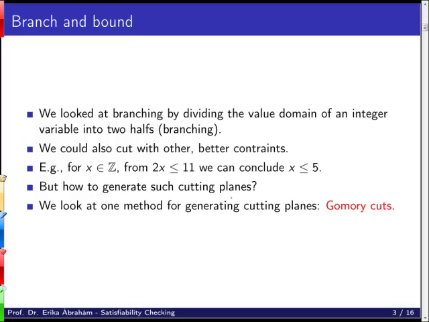So, how can we generate such constraints, such Gomory cuts? Just an intuition. If we have, for example, this constraint, 2x is less or equal 11. Then if I divide by 2, I just get x is less or equal 5.5. But if I want to have integer valued solutions, then it is equivalent to x less or equal 5.